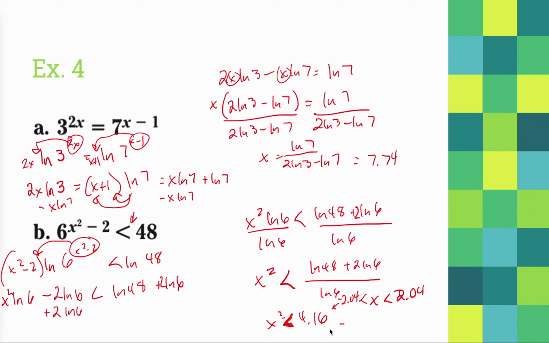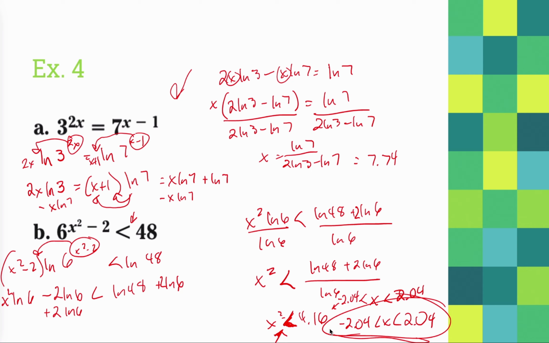So negative 2.04 less than x less than positive 2.04. And that would be the answer. So it works the same way as solving the equality. It's just that at the very end, when we get the x squared, we have to put it as an interval because we could get both a positive and a negative.